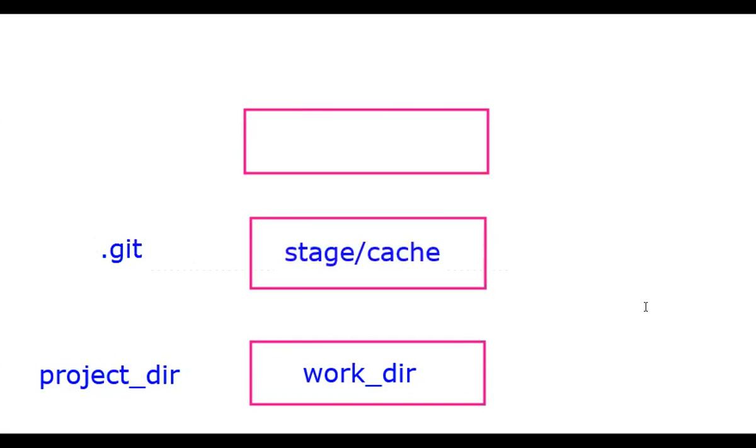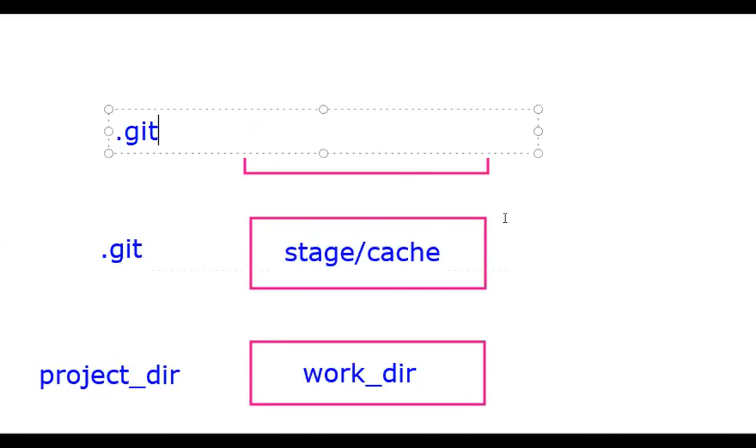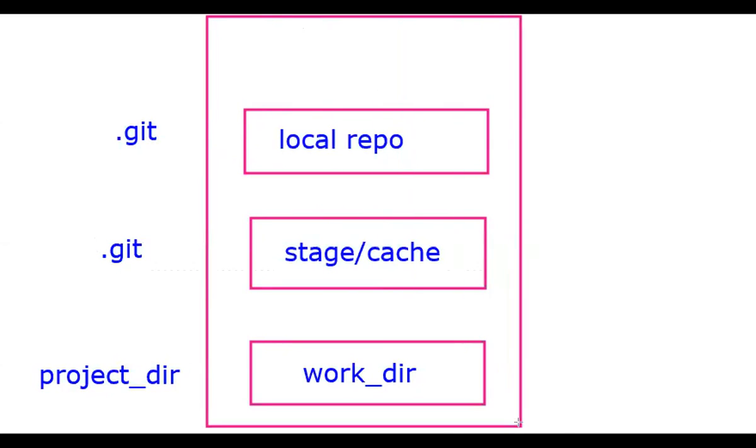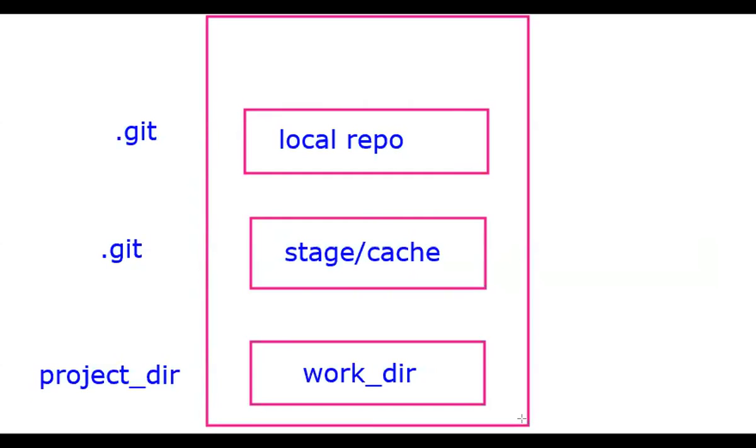So where is that cache and stage area? It is in the .git directory. It has also created one more area which is called the local repository, which is also inside the .git directory. So this is the structure it has created. When I say git init, you will have all of this structure. This is clear? When I say git init, in my project directory, it has created this structure.